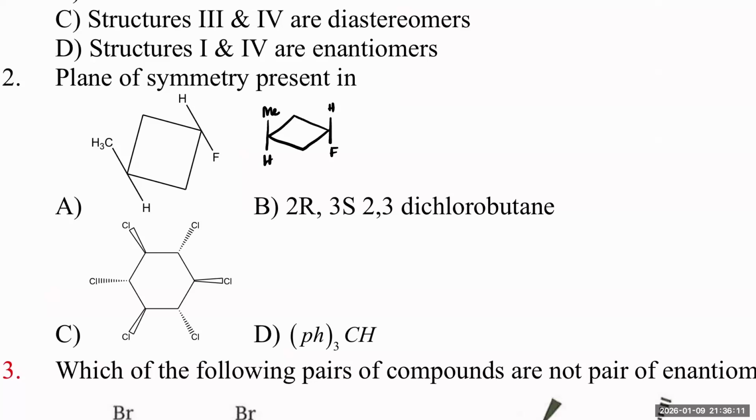If I take a plane passing through these four, through the center of this one, definitely these two will be mirror images of each other. That means it has a plane of symmetry. So A has plane of symmetry. Are you all getting the point? How to notice that?